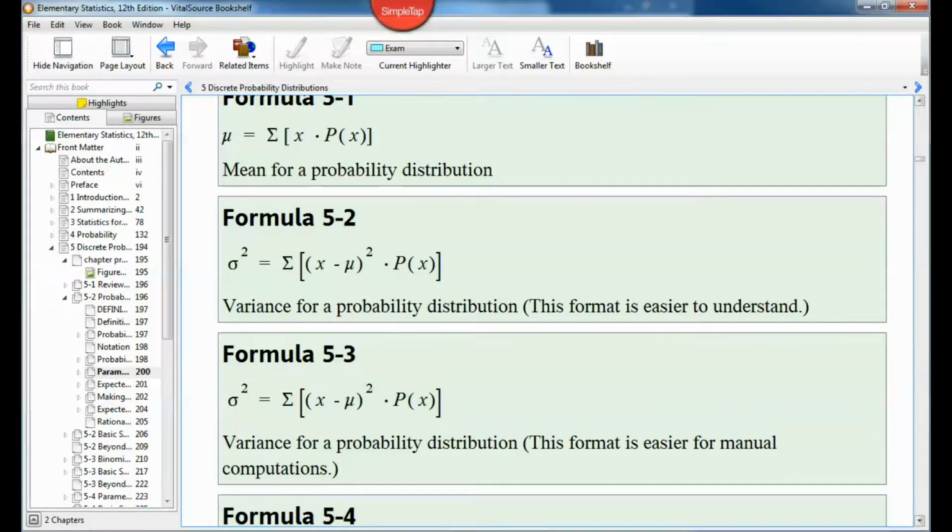Look at formula 5.2, the variance. Sigma squared is the variance.